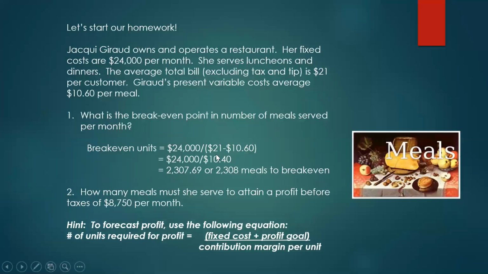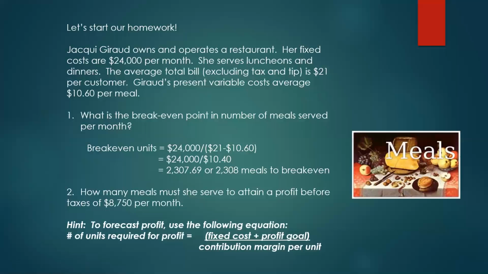So she's making $10.40 contribution margin for each meal served. $10.40 divided into 24,000 gets you 2,307.69 meals. Let's say it's 2,308 meals to break even. She's not happy. You just told her she has to serve 2,308 meals a month to make absolutely no money.